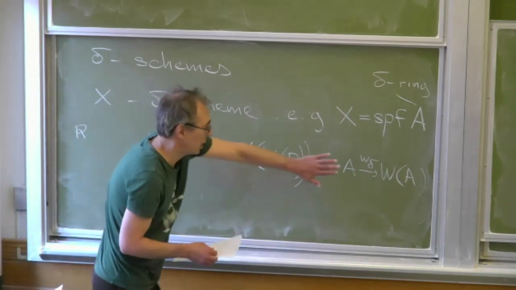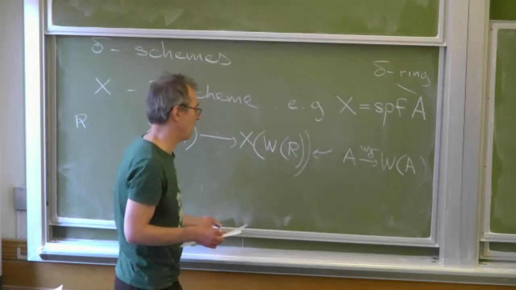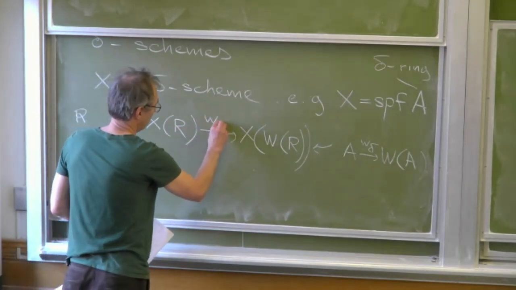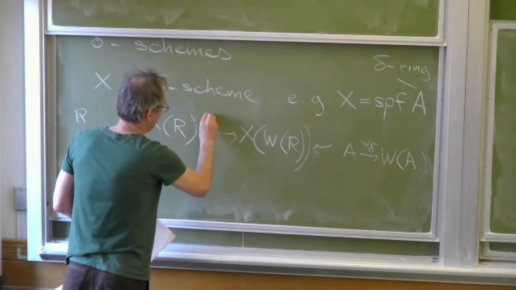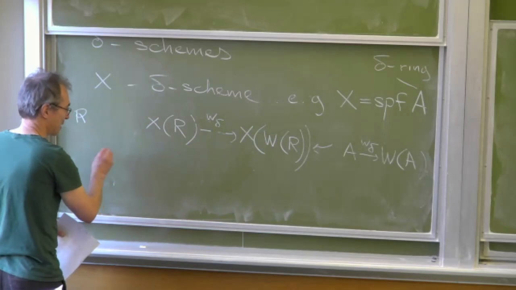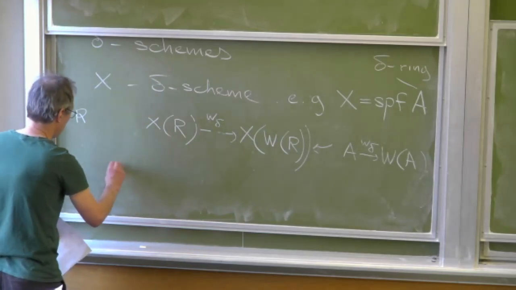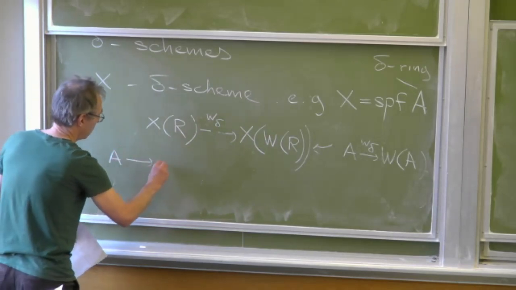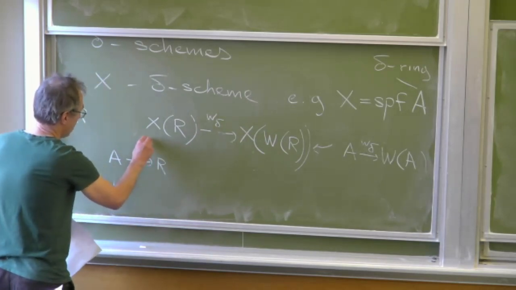Yeah. Okay, so let me write it down. I understand that you thought about this for a while. First of all, I want to give a name, though this name will be used for some other context. So how does it work? Suppose I give you a homomorphism from A to R, so that's a point here.